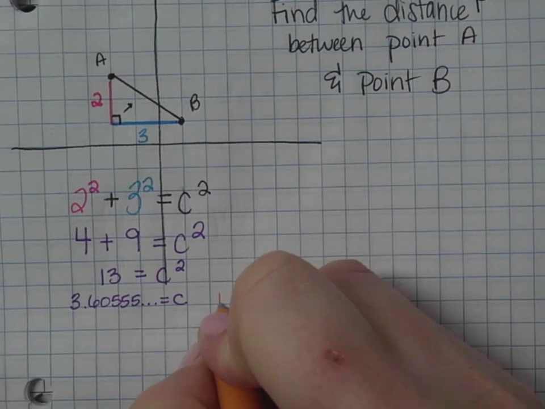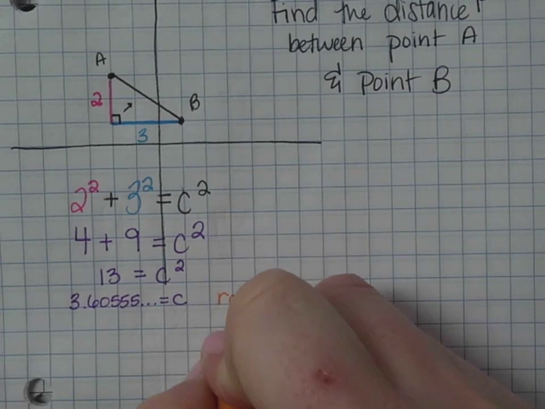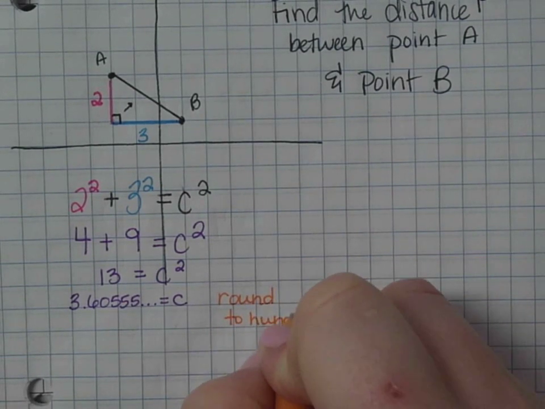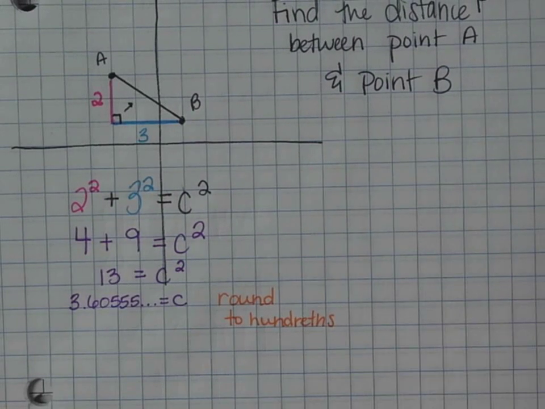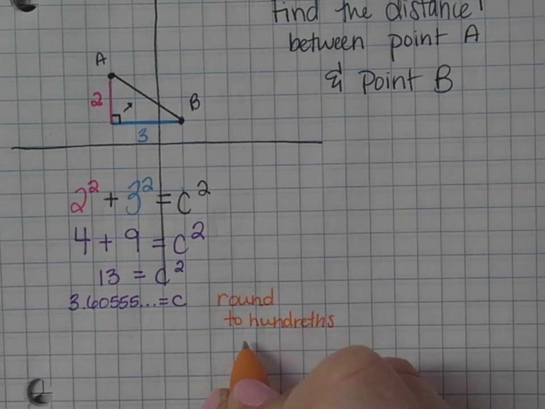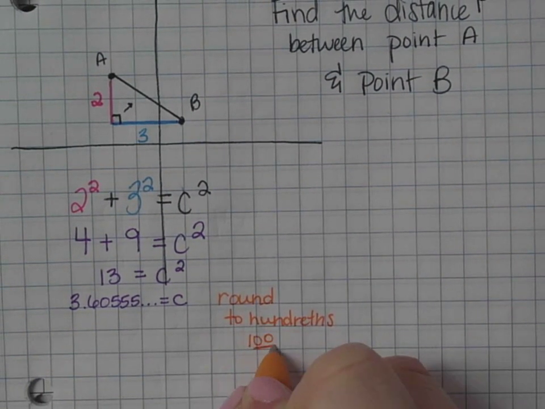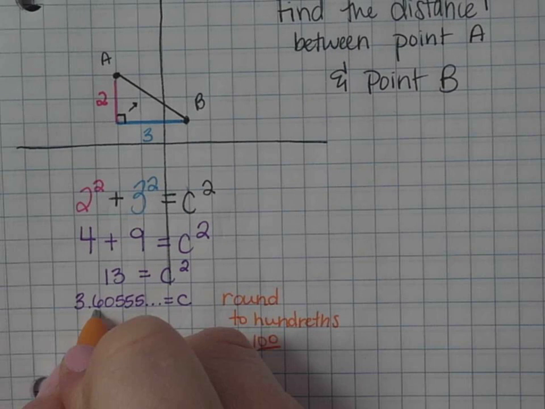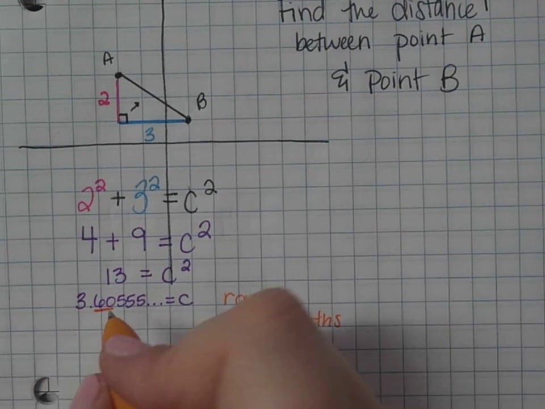So round to hundredths. So hundredths, if you think about a 100, has 2 zeros. So I want 2 decimals.